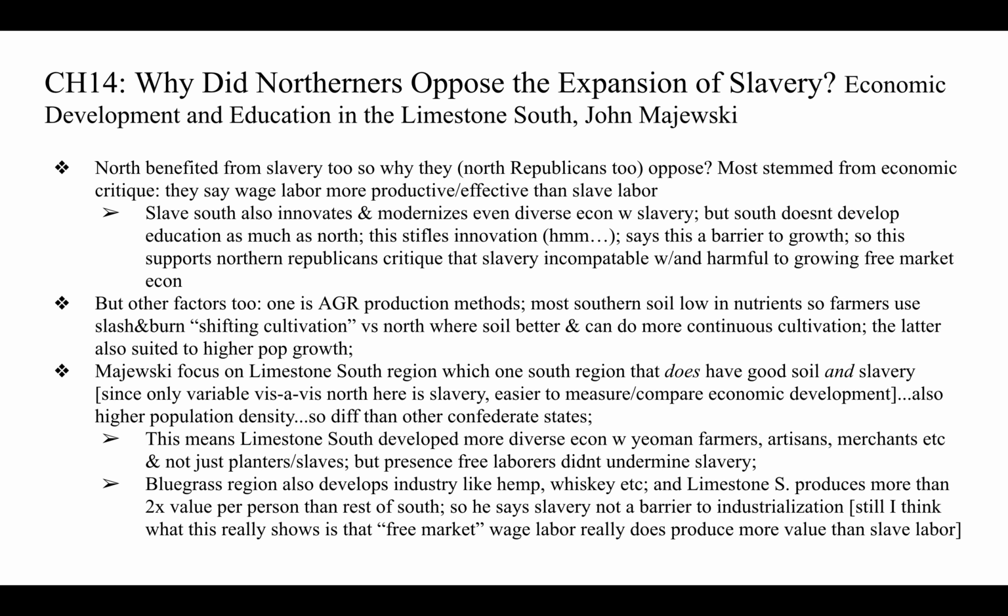It can actually be very productive, but productivity itself is not necessarily a good thing. It can be very deadly. But then the author at the end kind of says slavery did in a way hinder parts of the South's development. So I don't really know. I wasn't totally convinced by this last chapter, to be honest.